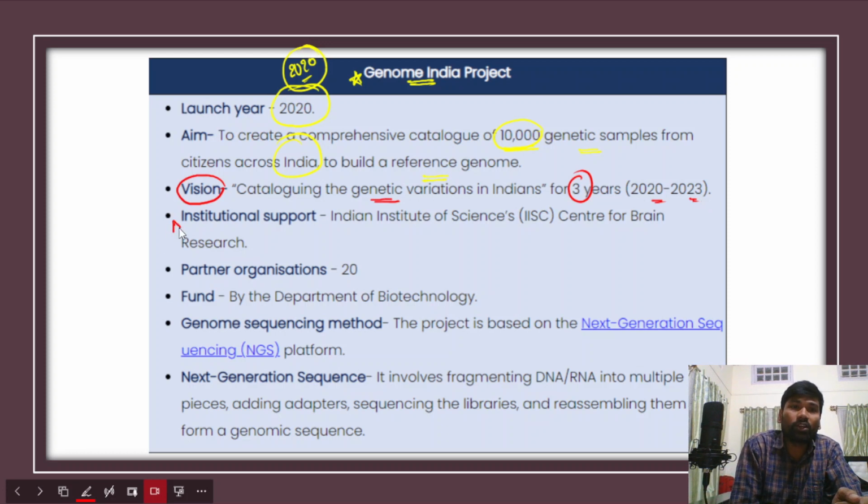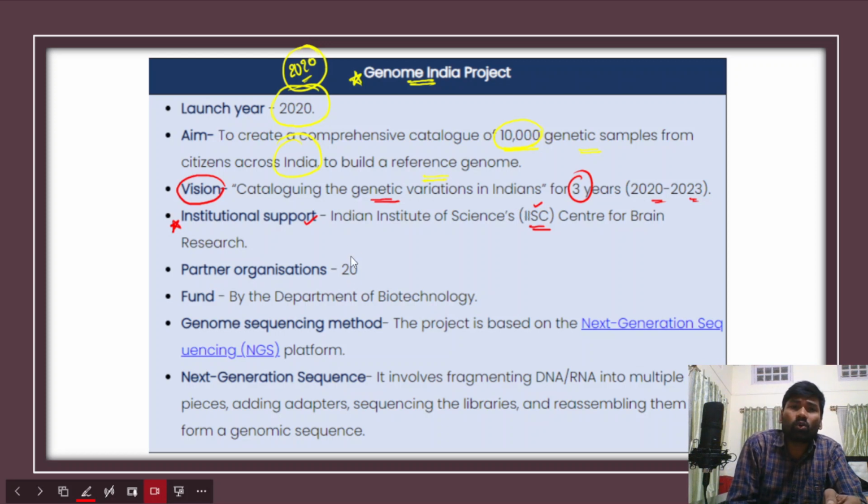However, it also has institutional support, right? Institutional support in the sense that certain institutions, for example, the Indian Institute of Science and the Center for Brain Research, provide support for this particular project. Okay, so this is considered institutional support, and the Genome India project receives institutional support from the Indian Institute of Science and the Center for Brain Research.